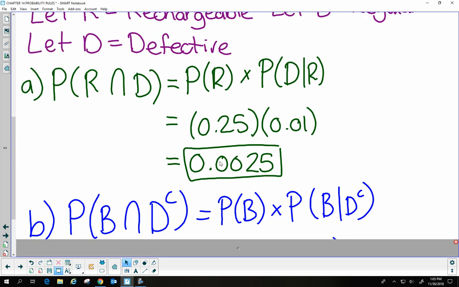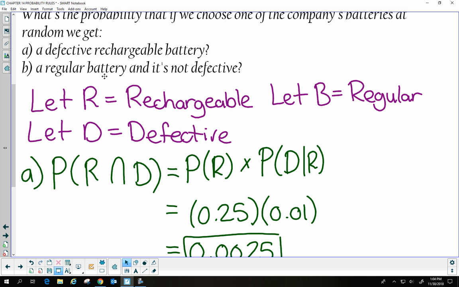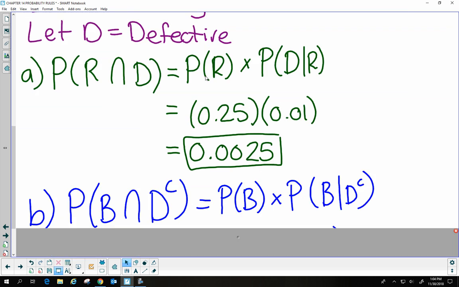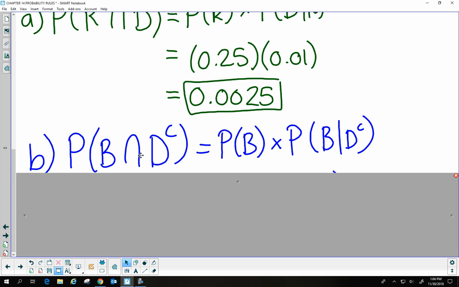And we want to figure out the probability of selecting a regular battery and it's not defective. So we're doing an and probability, regular battery B, and then the complement of being defective would be all the batteries that work properly. So again, these are not independent events.